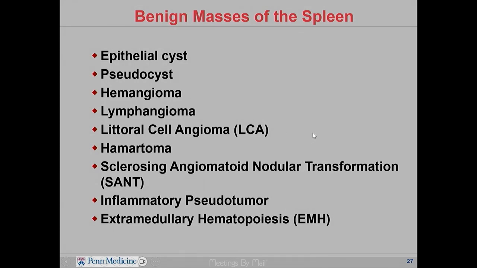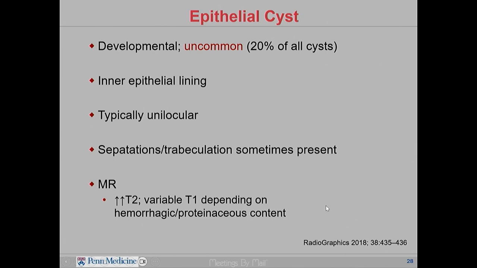Now we're going to talk about focal splenic masses, and we're going to go through all of these different lesions. So true epithelial cysts, i.e. cysts that have an inner epithelial lining, are uncommon, and they're a minority of splenic lesions. They're typically unilocular.